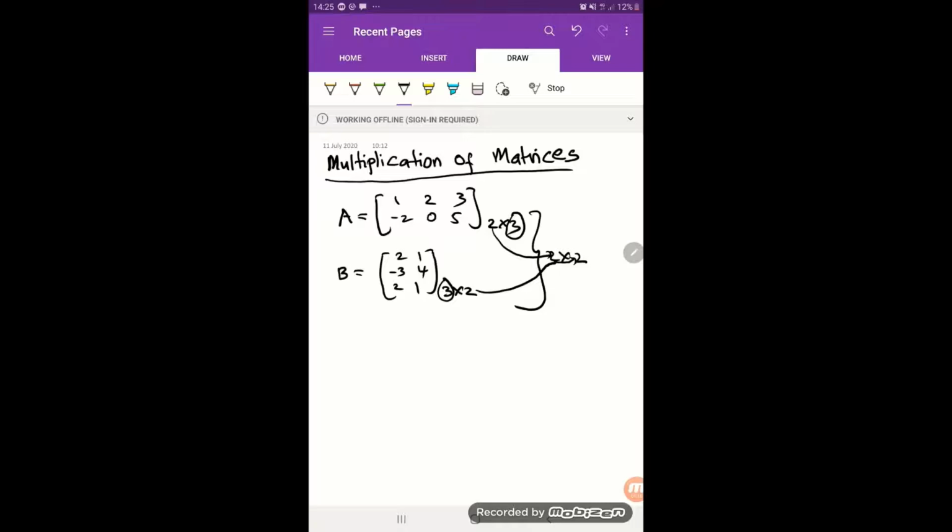So how to do the process of matrix A and B multiplication?